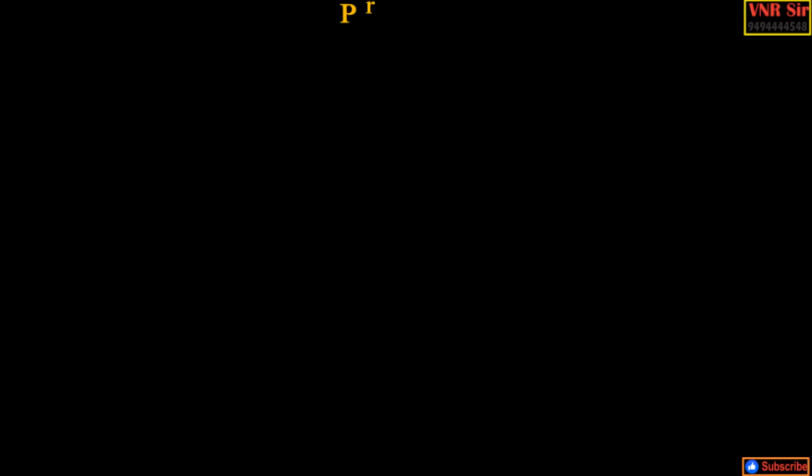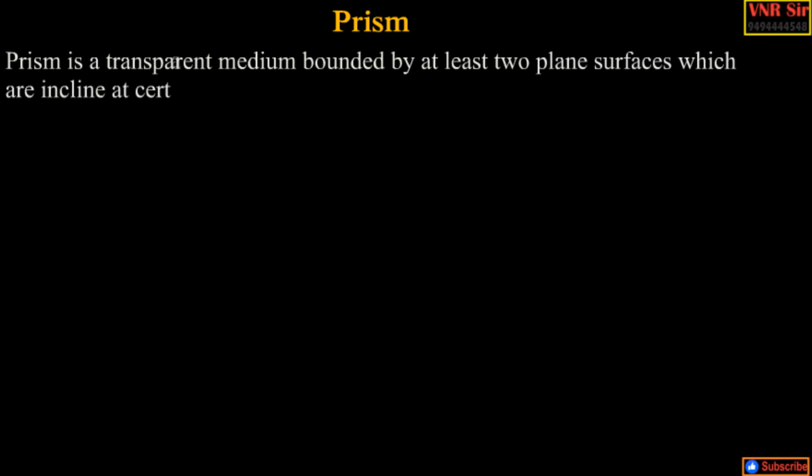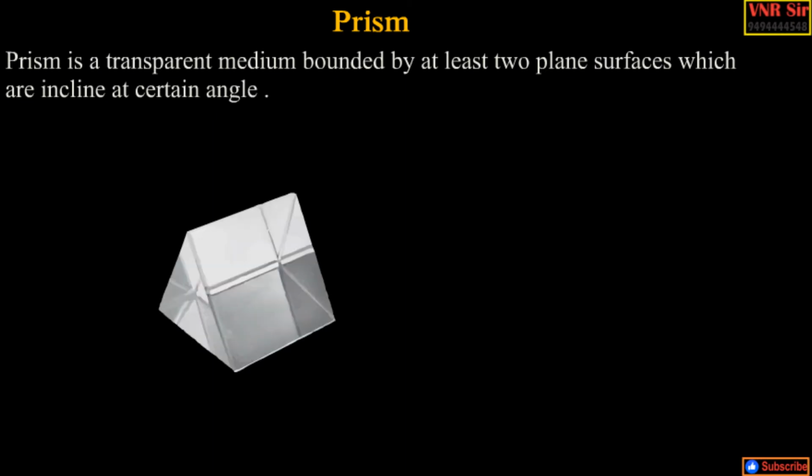Then what is a prism? A transparent medium bounded by at least two plane surfaces which are inclined at a certain angle is called a prism. A prism consists of 5 surfaces.